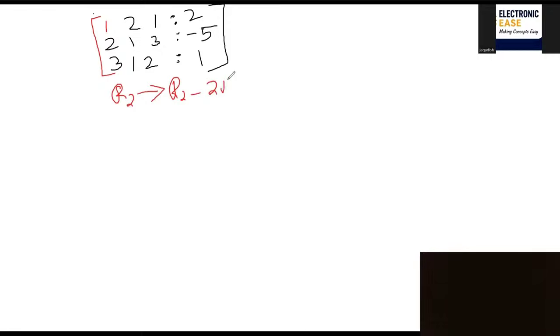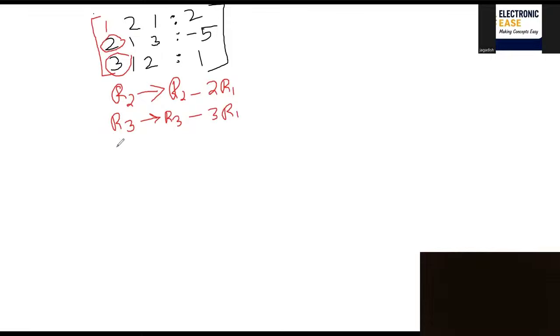If I apply R2 minus 2R1, this element will become 0. So next, if I apply R3 is changing to R3 minus 3R1, then what happens? This element will become 0.